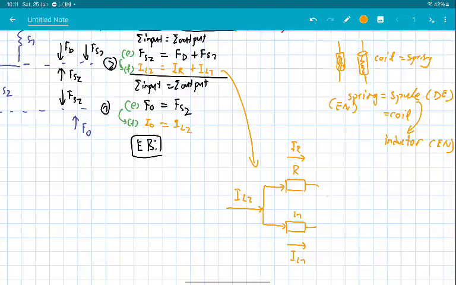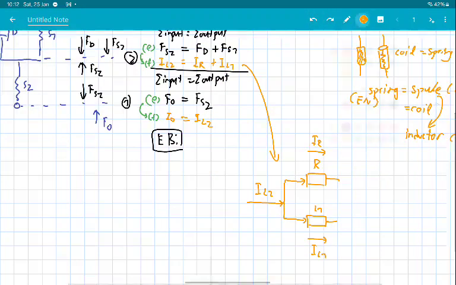We don't know for sure how it's going to connect right now, but we know definitely this is the equivalent of this one. So when we look at this one, we know that I0 is equal to IL2.